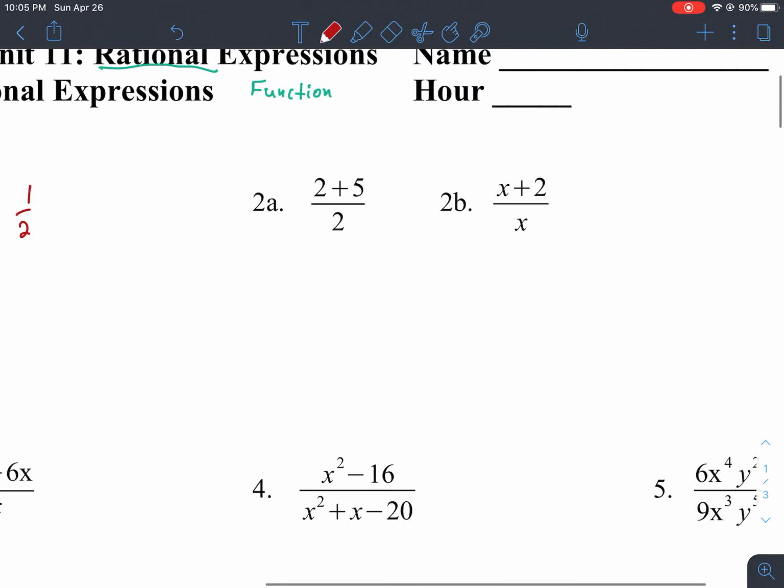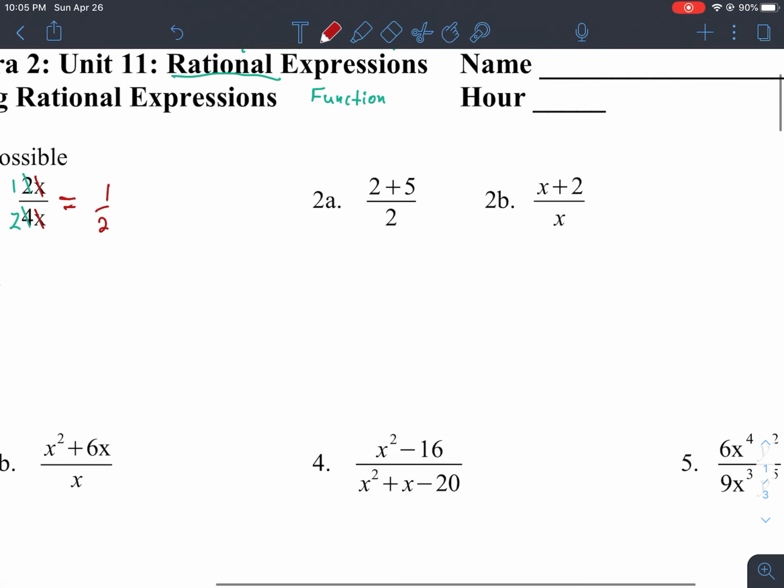Okay, let's move on. Okay, 2 plus 5 is 7 over 2. 2 plus 5 is 7. 7 over 2 is 3 and 1/2. Okay, now we have just discussed the fact that 2 over 2 is 1.